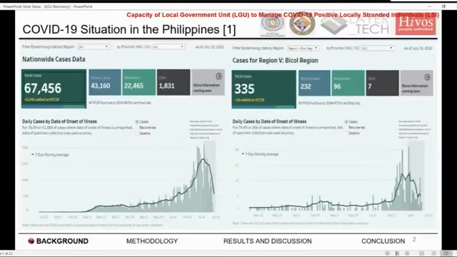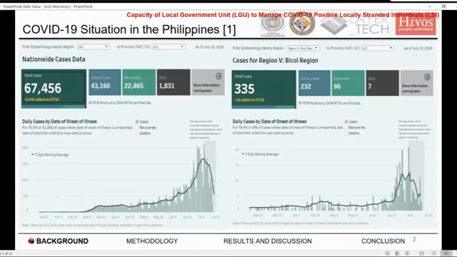What motivated us in doing this is, of course, the current situation of COVID-19 in the Philippines. As of July 19, 2020, we have about 67,456 total cases, of which 43,160 are active, 22,465 were reported to have recovered, and 1,831 died.